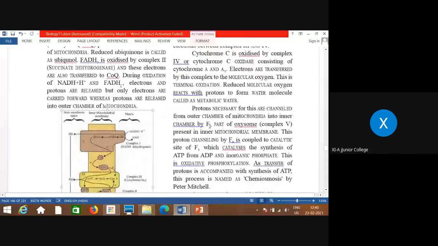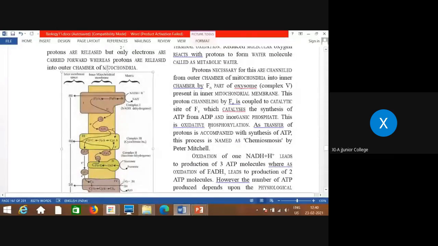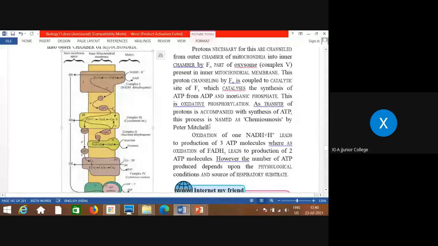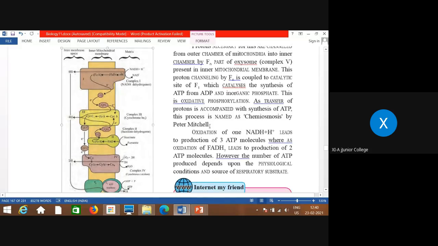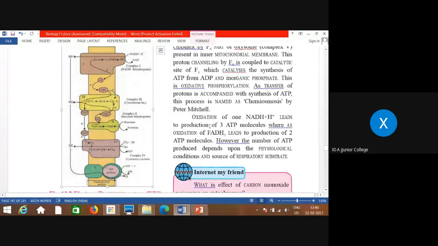That day I told you that in Krebs cycle as well as in glycolysis, which type of energy is produced? That is ATP. You studied ATP is produced as well as NADH2, FADH2, right?